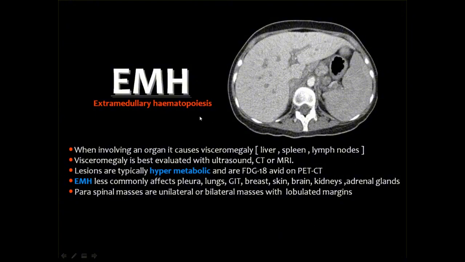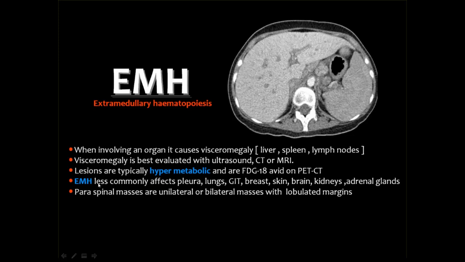Then extramedullary hematopoiesis can involve abdominal organs, especially the liver, the spleen, and the lymph nodes, and this will result in enlargement as well as increased density of both the liver and the spleen. The lesions are hypermetabolic if you perform a PET-CT scan.